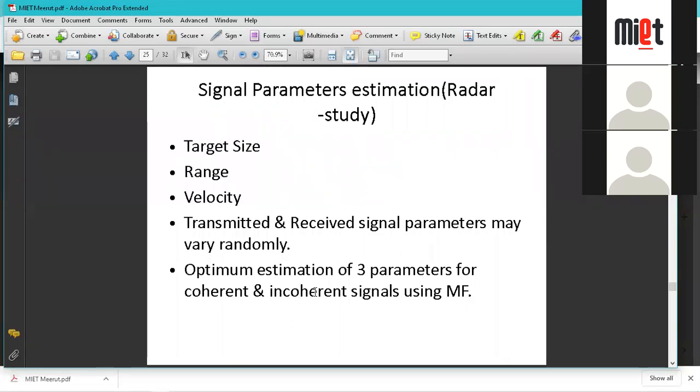So these 3 parameters given at the top of the slide, if they can be detected for coherent and incoherent signals, that may also lead to the optimum estimation, right? Next, please.